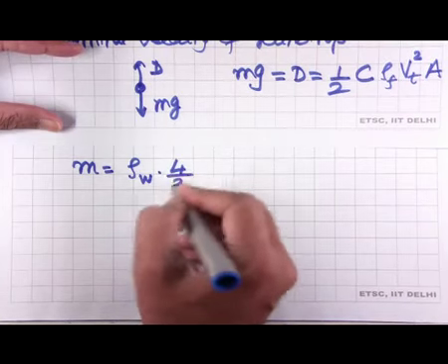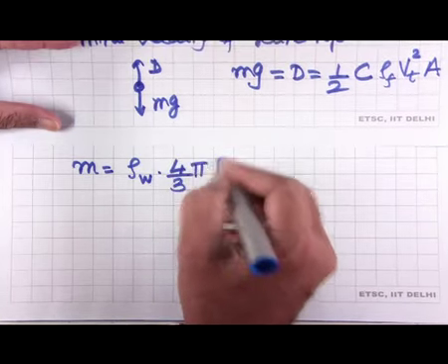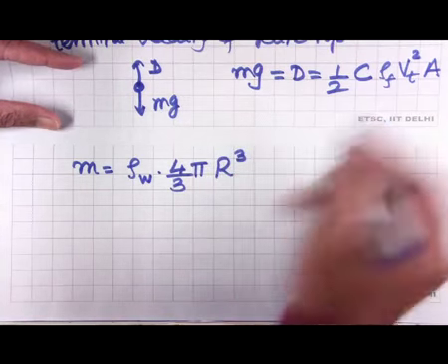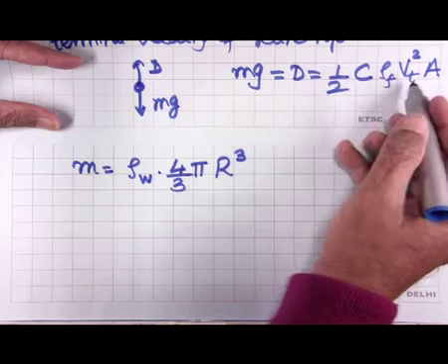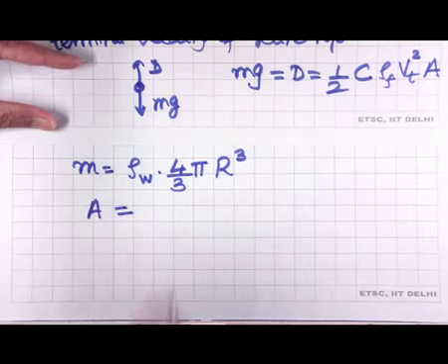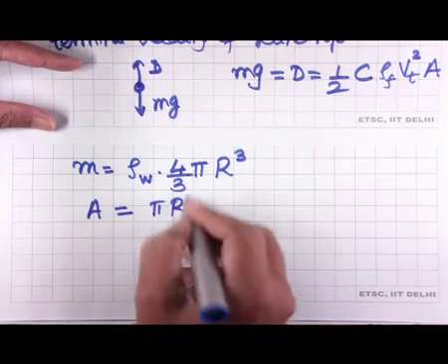Volume of the drop will be 4 by 3 pi r cube. m times g is equal to half, C is given to us, rho f is given to us, and the area A will be equal to pi r square.